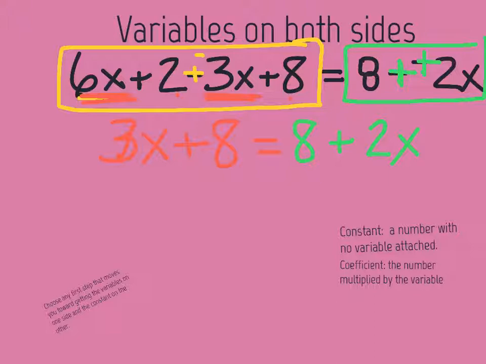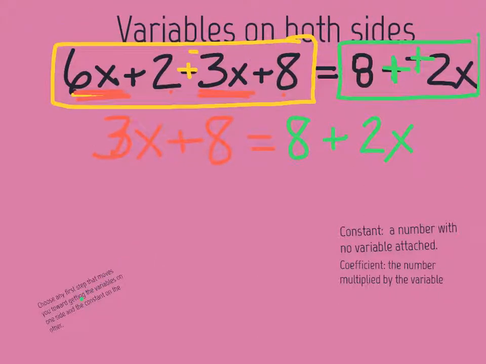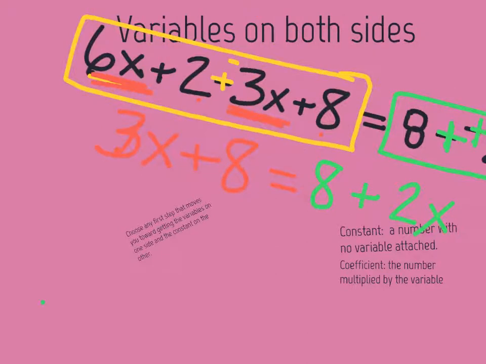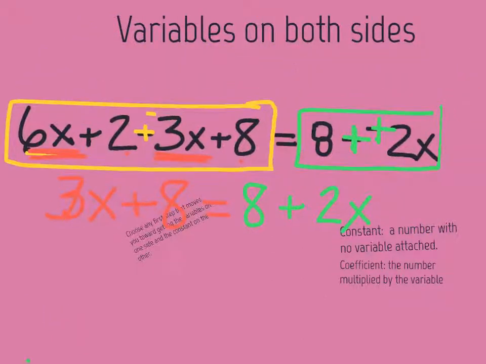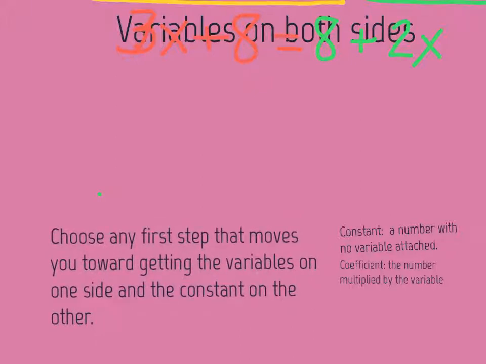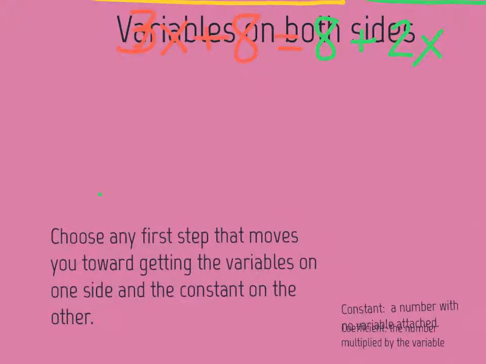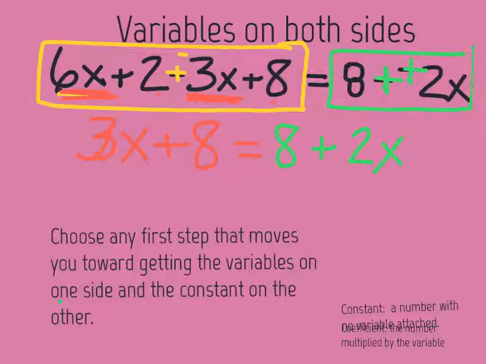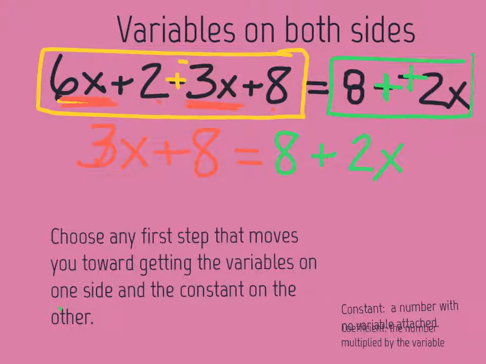Now, here we are with the idea that we can choose any step. I want to choose any step that moves you toward getting that variable by itself. And here we can go, wait a second, I got 2 eights, one on each side.